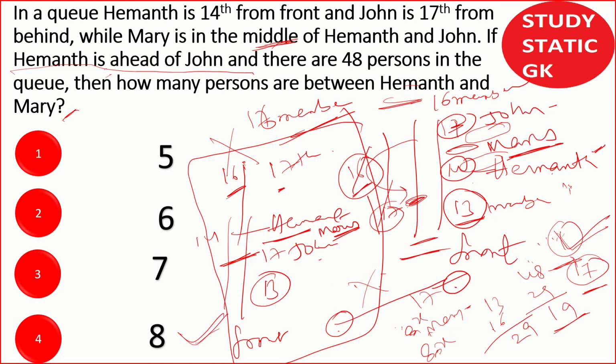You got it? Because a total of 17 are there between Hemant and John. In the 17, one is Mary, so the total remaining is 16. But 8 people are behind Mary and 8 people are in front of Mary because Mary is exactly in the middle of John and Hemant. So the answer is 8.